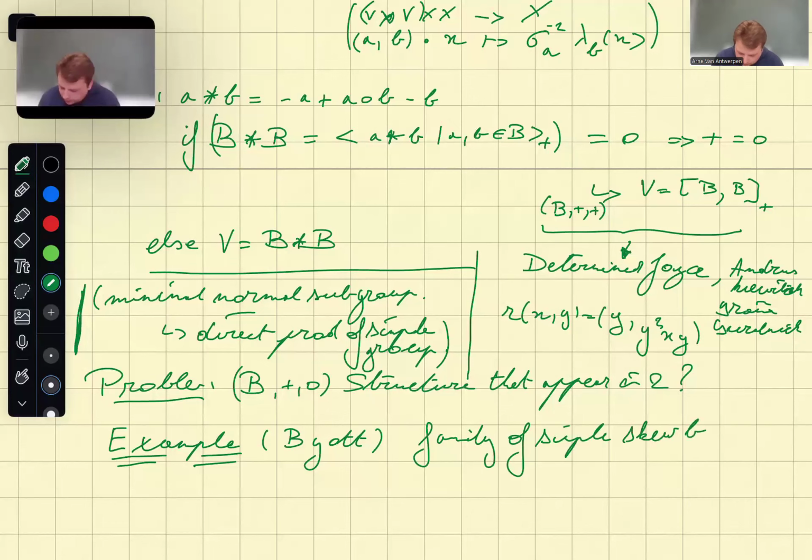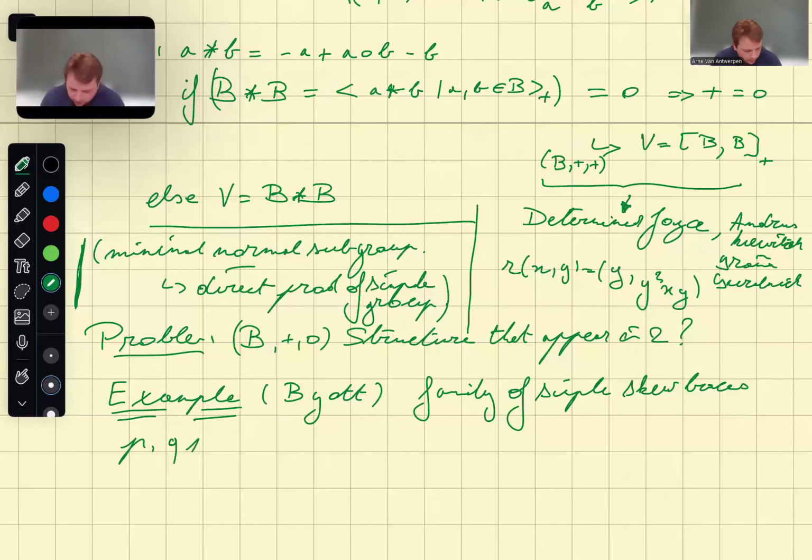What did he need? Well, you needed two primes, p and q, with a particular division condition, namely q has to divide p to the p minus 1, but q should not divide p minus 1. This happens in some cases, this happens in an infinite amount of cases.